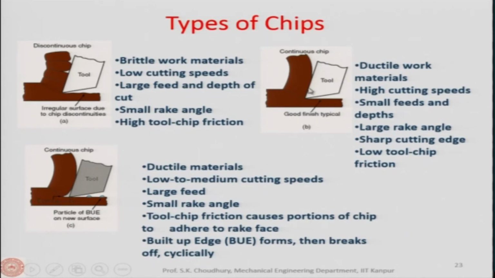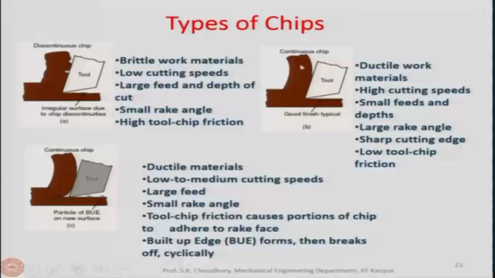The continuous chip is produced because it is a ductile material, and it will flow continuously along the rake face of the tool and curl. Continuous chips need to be broken, because we cannot permit the chip to be infinitely continuous.